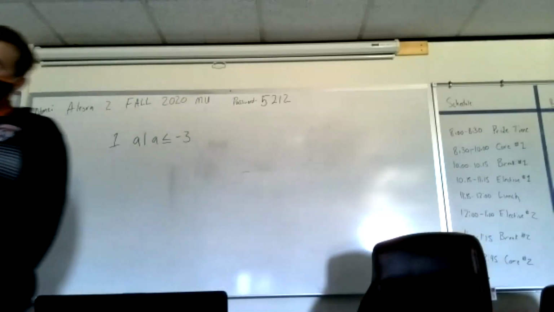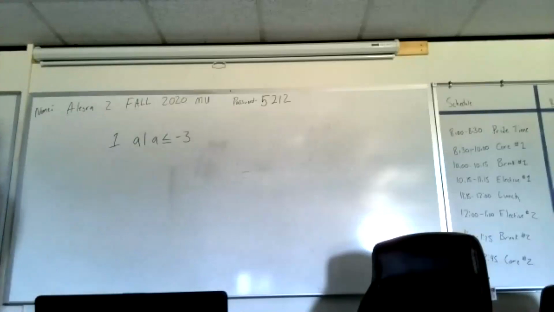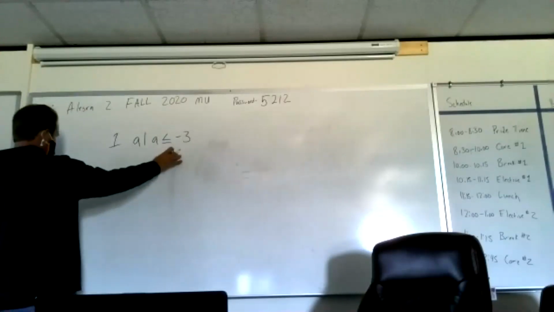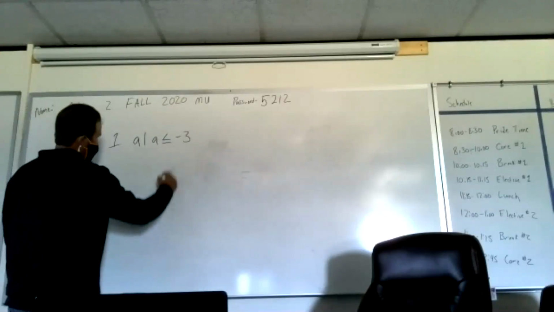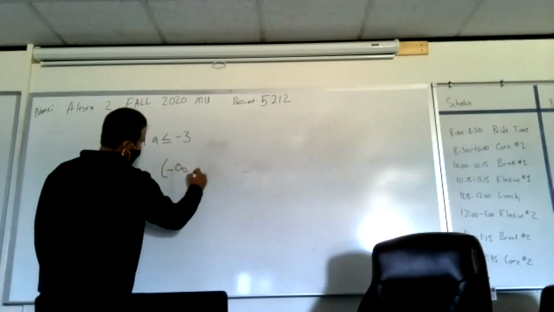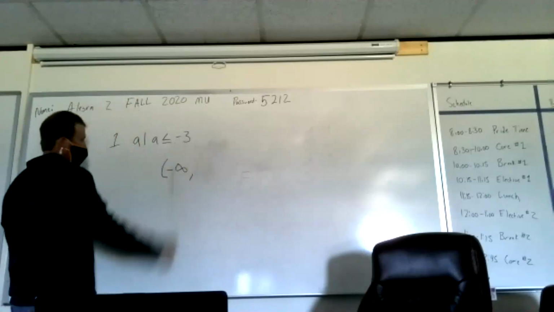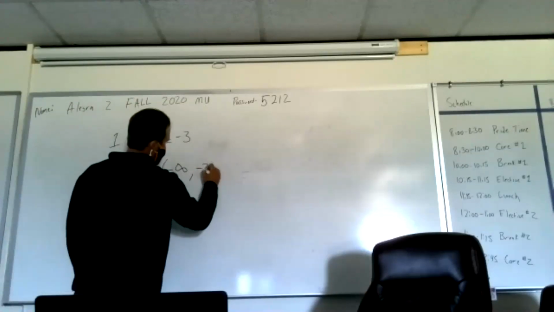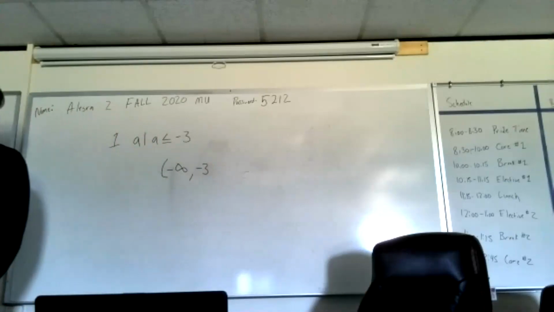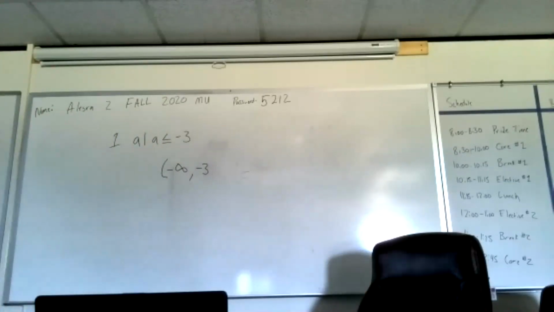So we're going to have a negative infinity or a positive infinity. In this case, we're talking about numbers that are less than -3, and that's the solution to the set. So our unbounded piece of our interval is going to be -infinity, with our bounded piece being at -3, the endpoint. Now, is -3 included within that set?